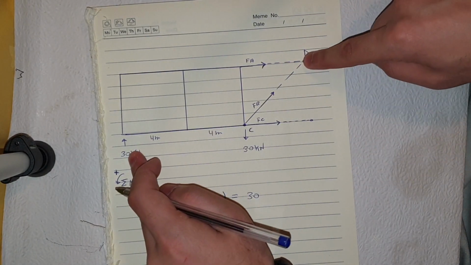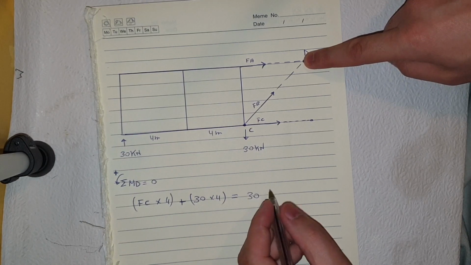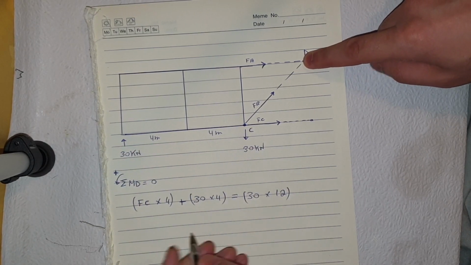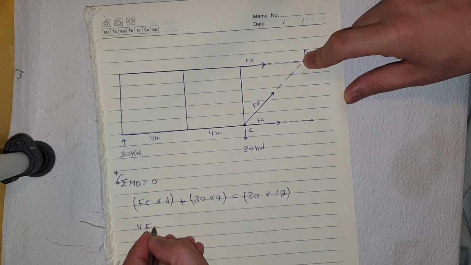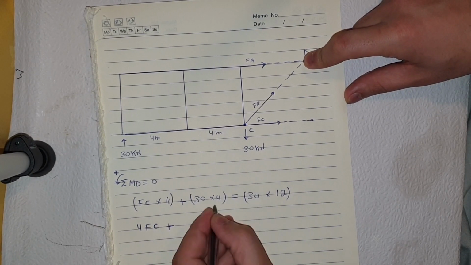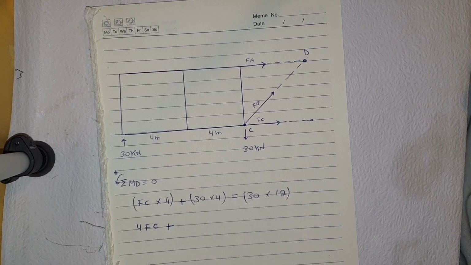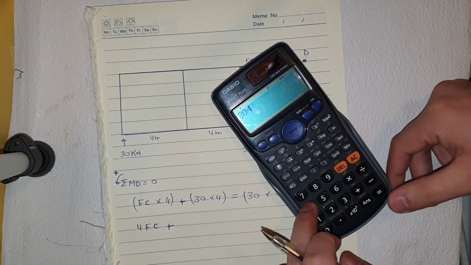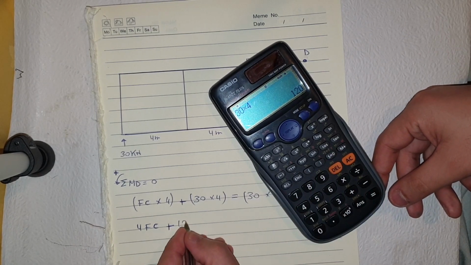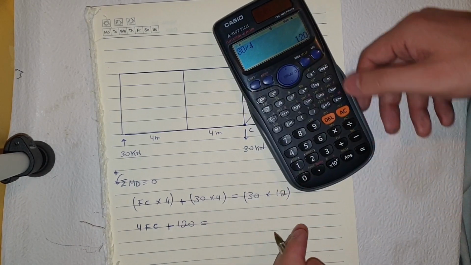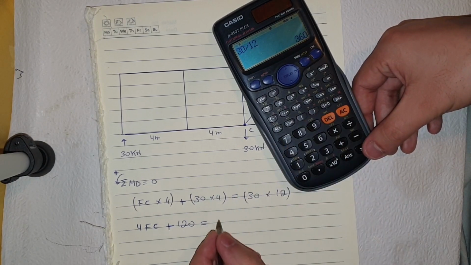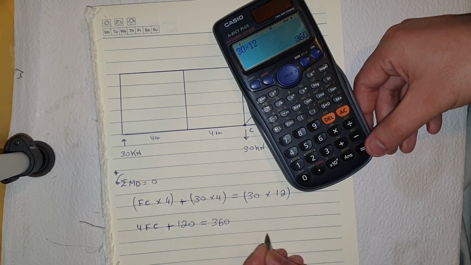And then equal to this 30 kilonewton acting clockwise now, times that distance, which is 12. So 4 FAC plus 30 times 4, so 30 times 4 will equal 120, is equal to 30 times 12, which will equal 360.